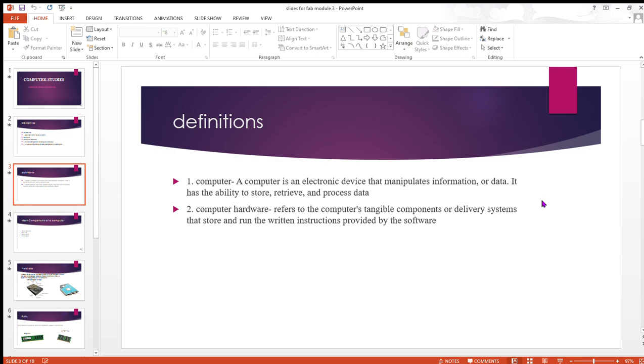It refers to the computer's tangible components or delivery systems that store and run the written instructions provided by the software. Now, the software programmers or the software creators, they create the software so that they can provide instructions to the hardware. Without the hardware, software has no meaning. Without the software, hardware has no meaning. Okay?